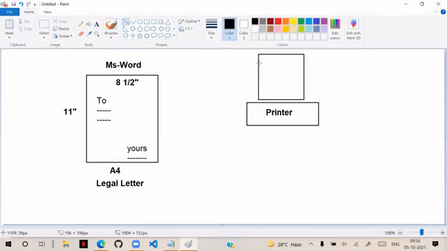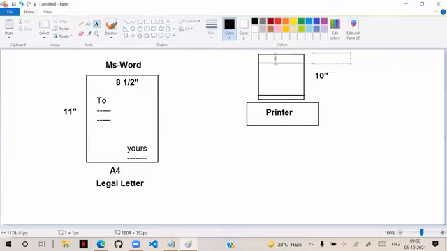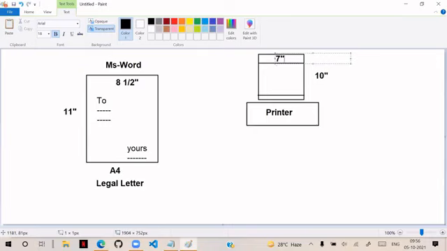I think many of you know that company letterhead means the company logo will be at the top, and the company address and contact details will be at the bottom. We have to print the letter between those, and every company letterhead has a different size. For example, this paper is 10 inches height and 7 inches width.